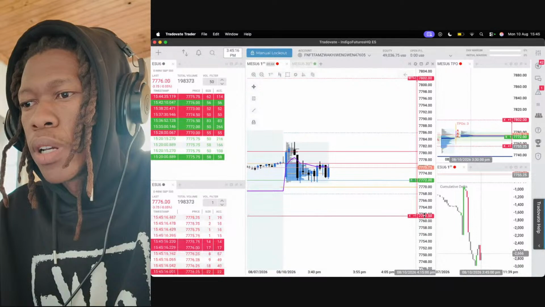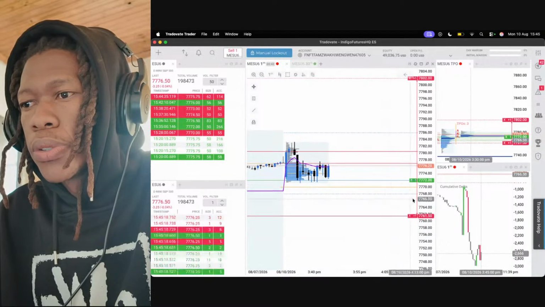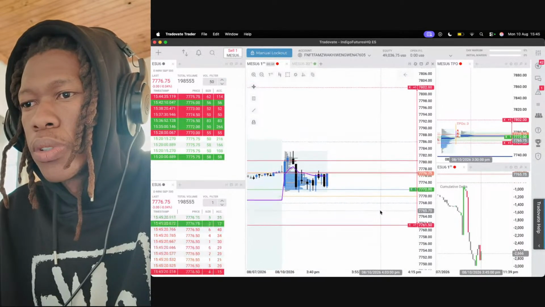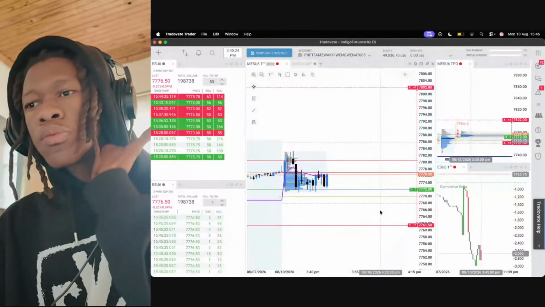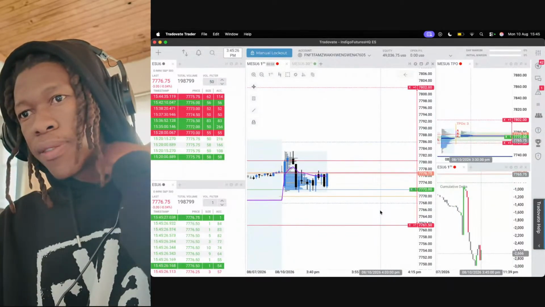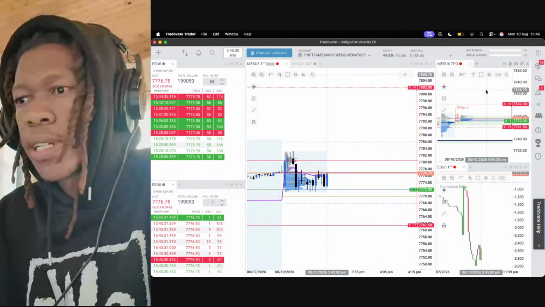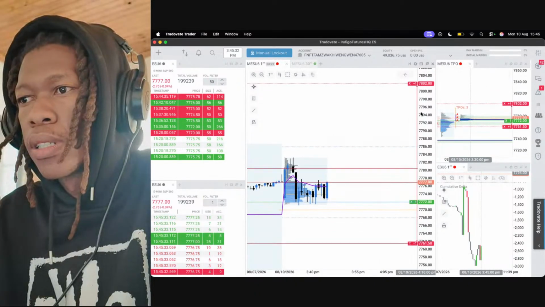And the stop would have to go here. 1545. So valid time to place a trade.